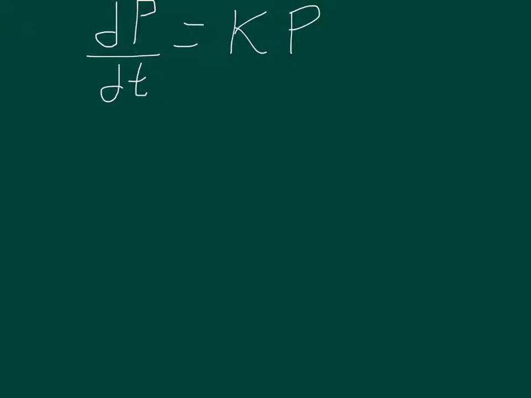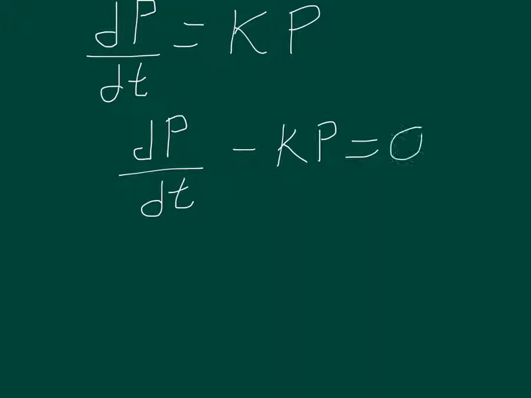So I'm just going to move the Kp over to the left hand side of the equation and then set that equal to 0. So dP/dt minus Kp is equal to 0.